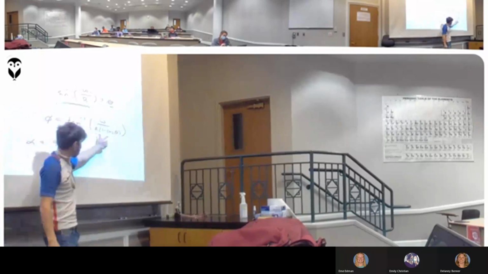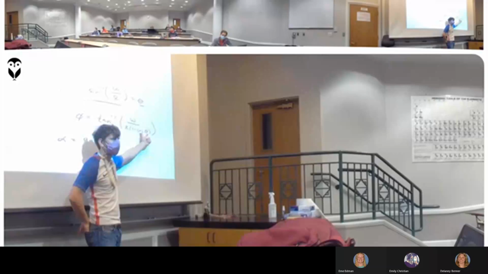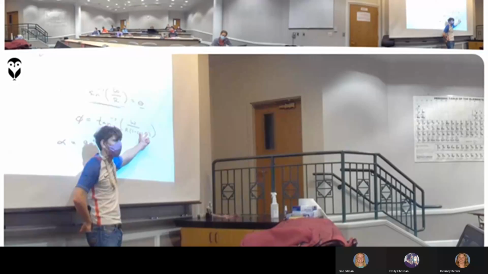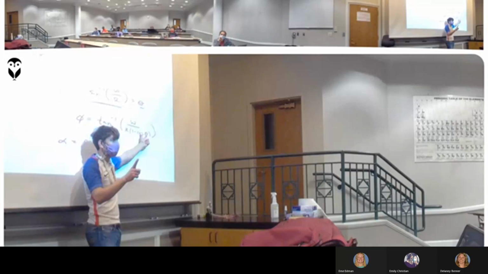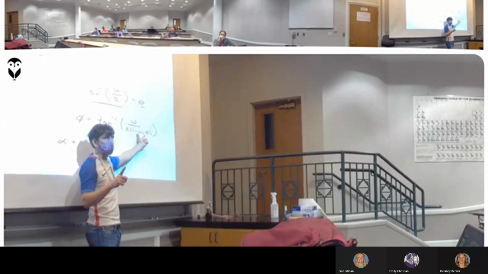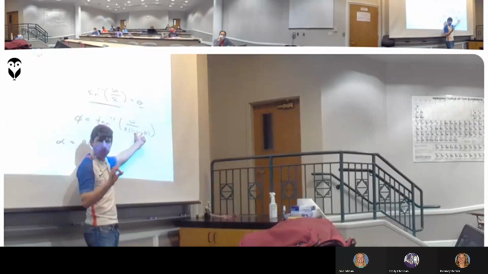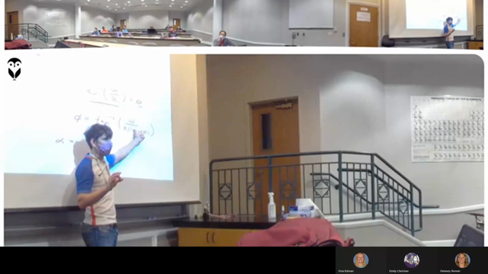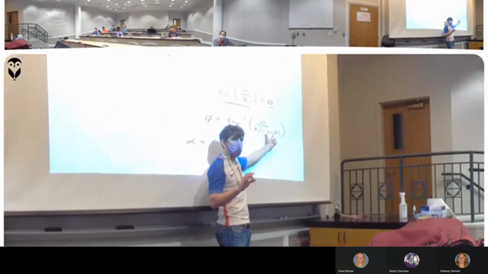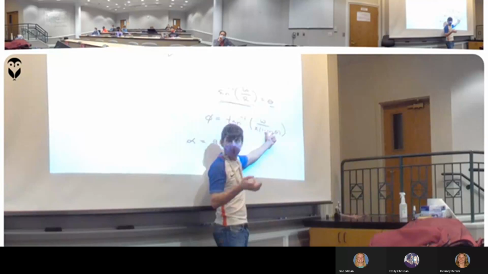Right? If theta is really small, cosine of a really small number is approximately 1. 1 minus a number close to 1 is really close to 0. And dividing a number by 0 gives you a really, really big number.